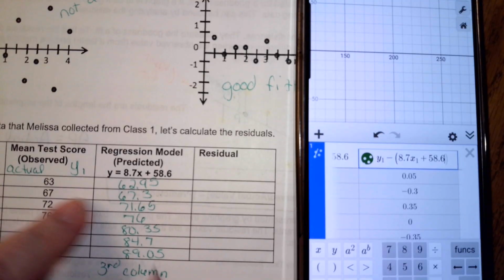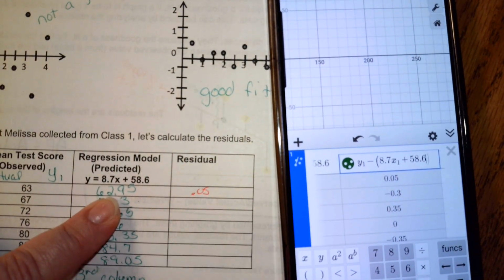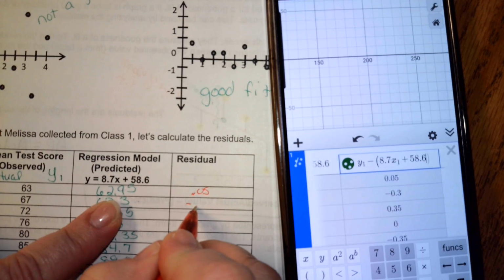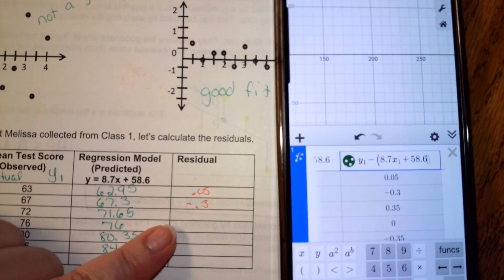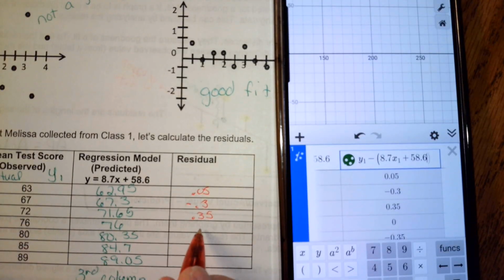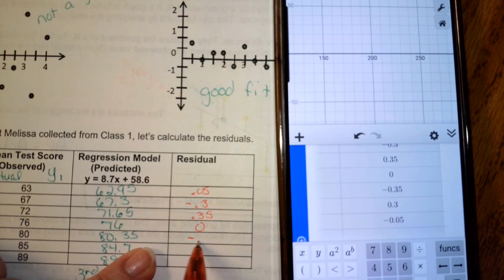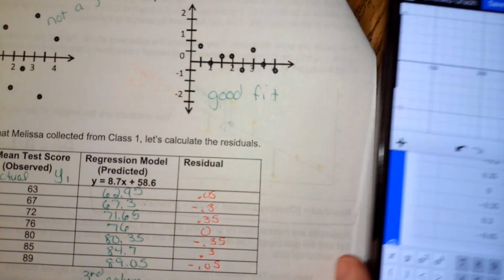So the difference between 63 and 62.95 is a positive 0.05. You said positive? Positive, yep. All right, so there's our residuals.